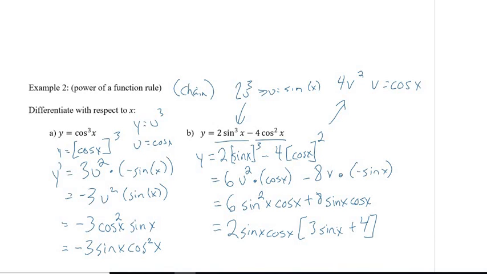So again, not too much different here, but same basic rules apply. It just looks a little bit different. Just use your know-how, try and make the functions look however you need them to, and the differentiation rules will work no matter what type of function you're using.